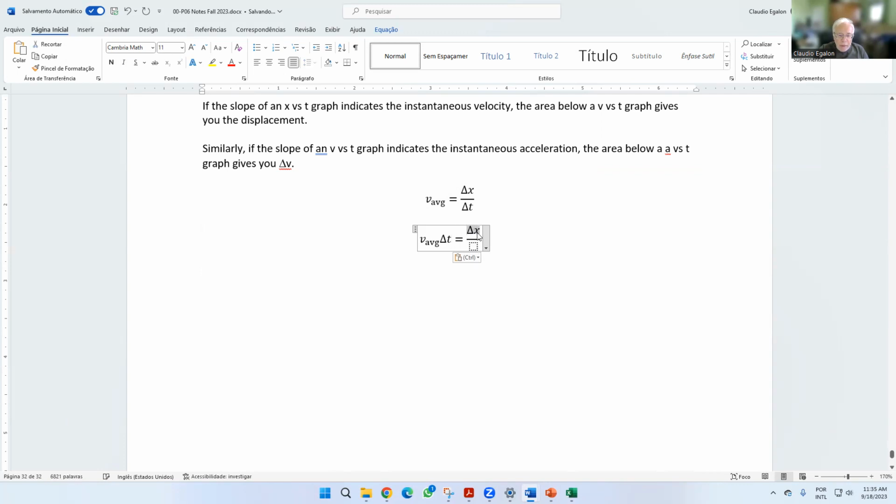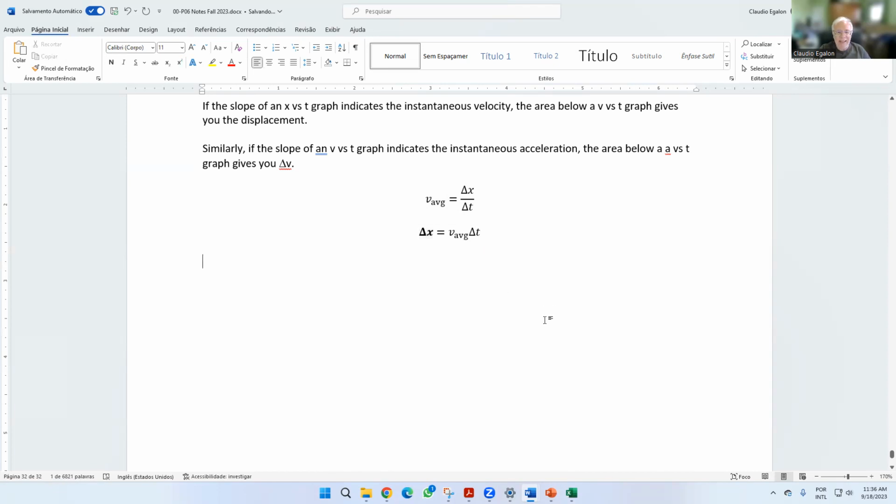So if you do not remember what I wrote above, just refer to this equation and you'll be able to remember that. The moment that you plot v versus t, the area below this graph is going to be delta x.